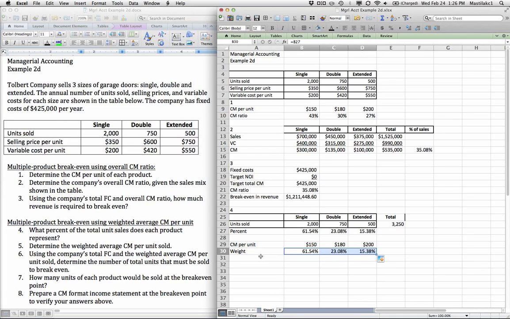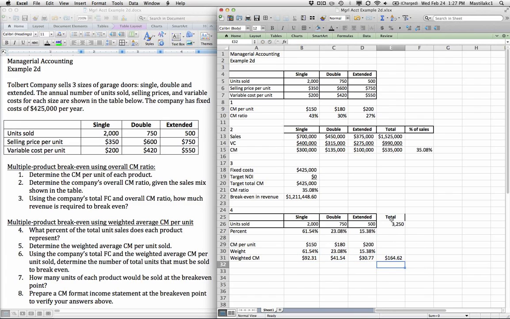And this is going to allow us to compute an average contribution margin, but because we sell a lot more singles than we do doubles or extended, we're going to let that higher percentage weight our contribution margin. So we just take each contribution per unit, we multiply it by the weight or the percent of unit sales it represents. And so for each unit we have those, and then our total is going to be the sum of those.